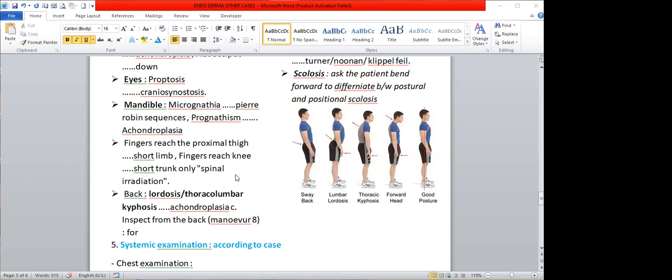Another finding in the side view is lordosis, which may be thoracic or thoracolumbar. Look at the second picture. Thoracolumbar lordosis may be there in the back, and thoracolumbar kyphosis may be there. These are the findings we can find out from the side view only.